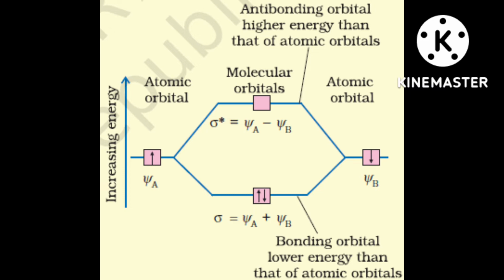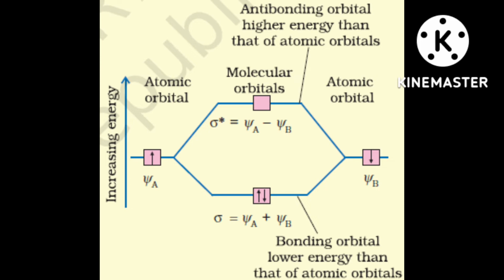When electrons are between the two nuclei, what will happen? First suppose there are no electrons in between nucleus A and nucleus B. Then repulsion will be there.